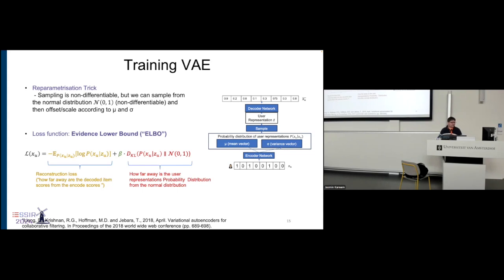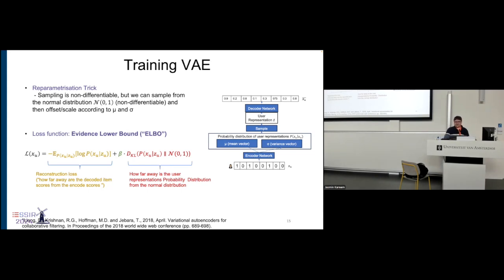And then there is the second one, called KL loss. The idea here is that we want this distribution to be as close as possible to some prior distribution, which is a normal distribution in most cases.